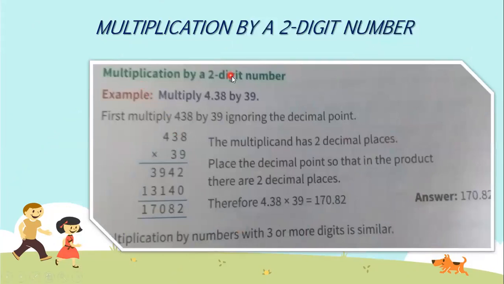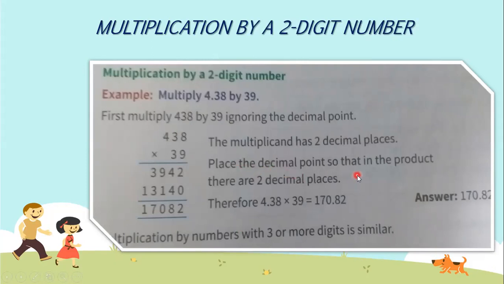See next, multiplication by a 2-digit number. How will we multiply decimals by a 2-digit number? Multiply 4.38 by 39. First multiply 438 by 39, ignoring the decimal point. So you just remove the decimal point and then multiply. When you multiply 438 into 39, we will get 17,082. Now here you can check: the multiplicand has two decimal places.